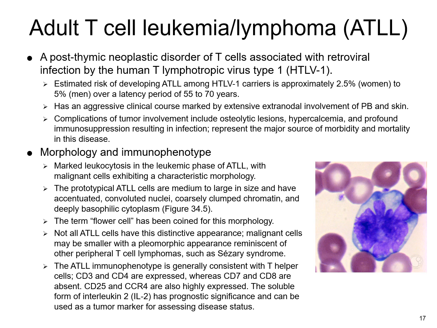It has an aggressive clinical course marked by extensive extranodular involvement of the peripheral blood as well as the skin. Complications of tumor involvement include osteolytic lesions, hypercalcemia, and profound immunosuppression resulting in infection. These complications give rise to the morbidity and mortality of this disease.